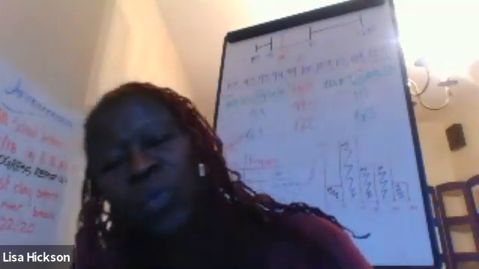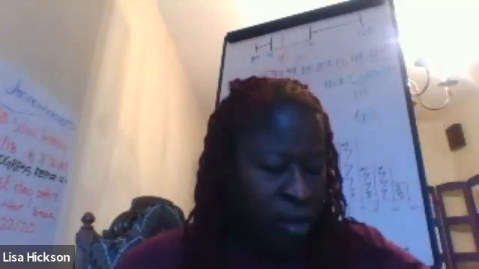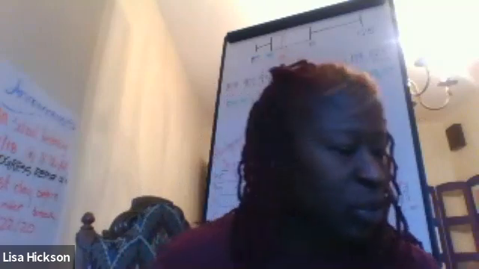Symmetric, everything's even. And right skew, the right whisker is longer than the left whisker, and Q2 is closer to Q1. So I'm going to give you a minute or two to do that, because it is 10 after, so our time is moving pretty quickly.